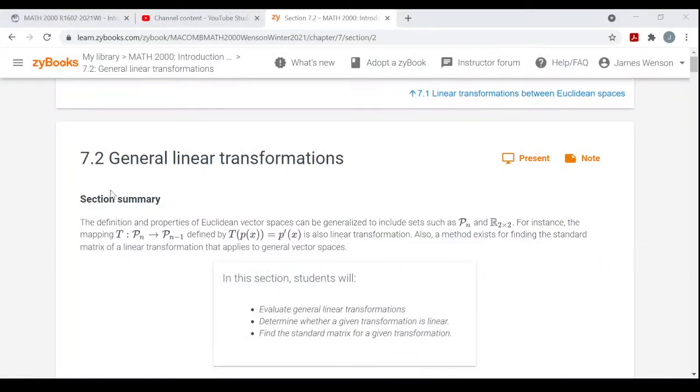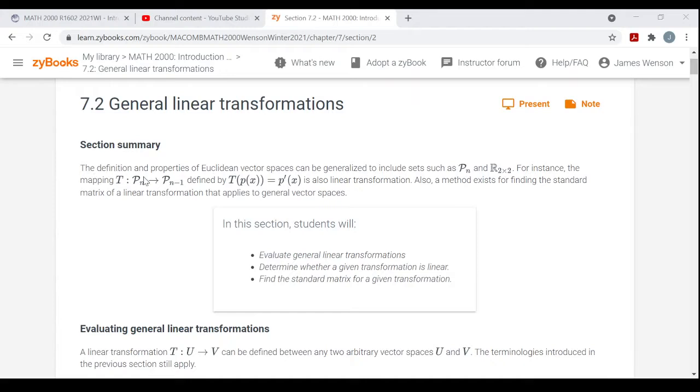All right. So again, the definition and properties of Euclidean vector spaces can be generalized to include sets such as P sub n, which was all polynomials of degree n or less, and maybe R 2 by 2, the set of all 2 by 2 matrices.